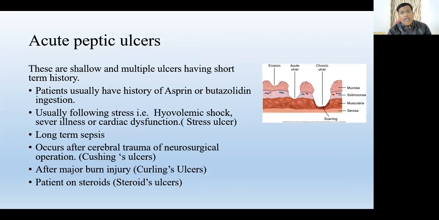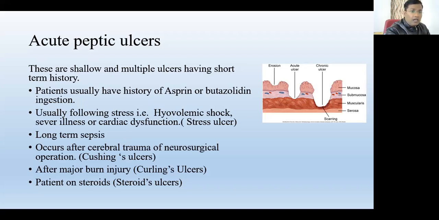Now we discuss the acute peptic ulcers and how they develop. The commonest cause for the development of acute peptic ulcer is the intake of medicines which have a tendency to damage the gastric mucosa or the mucosal barrier, so that ulcers develop.